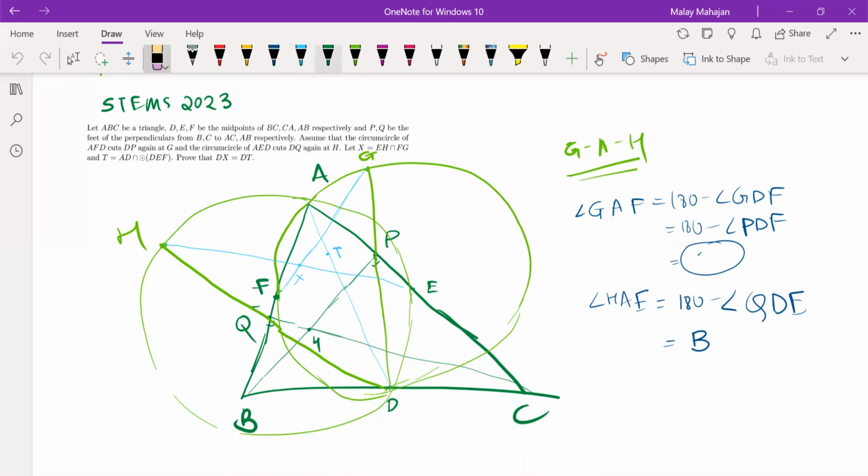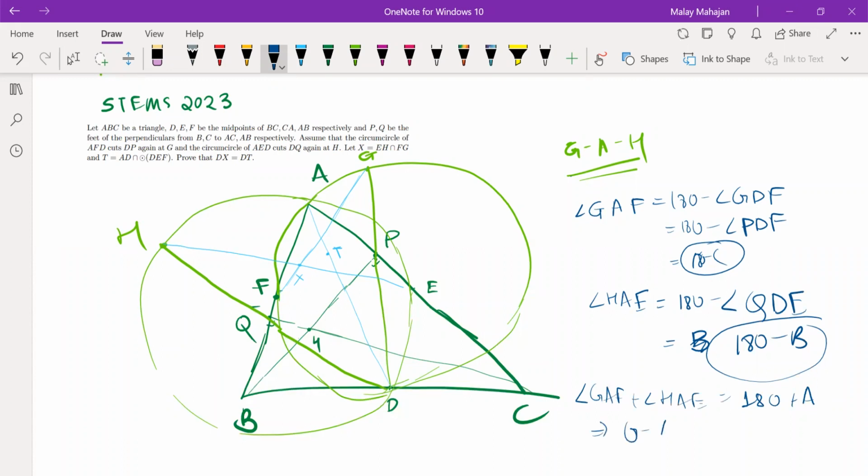So 180 minus C, oh sorry. 180 minus C. This is 180 minus B. And so angle GAF plus angle HAE is 180 plus angle A, which is BAC. So this implies that G, A, H are collinear. Can everyone see why?